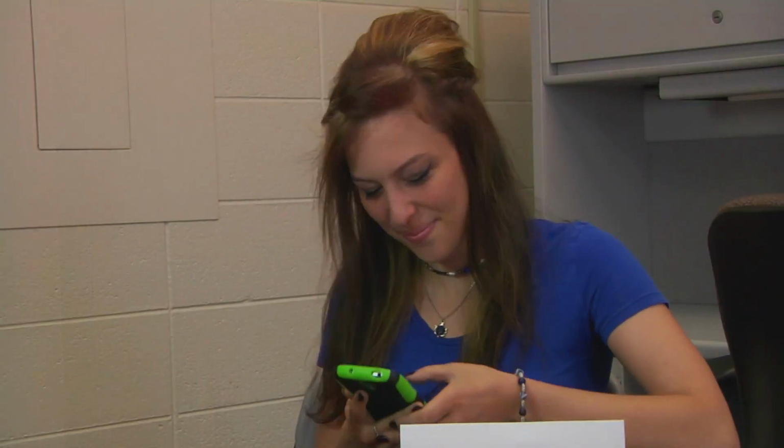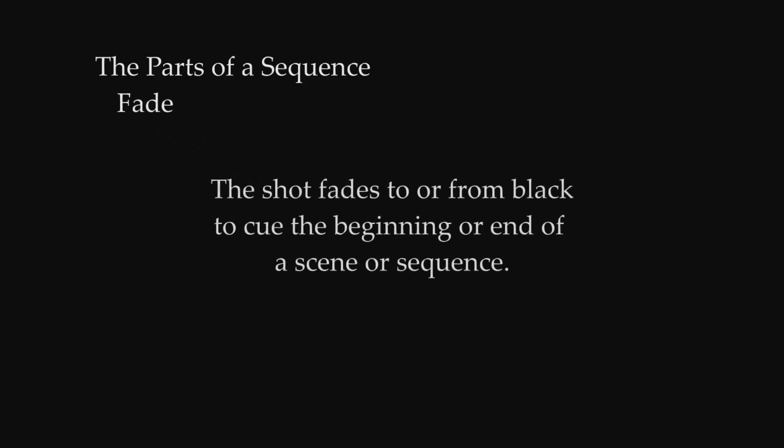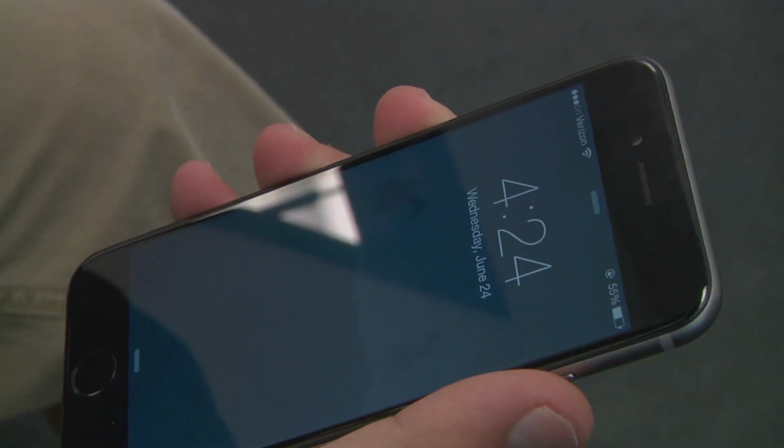The fade is a transition that evolved from the live theater tradition when the lights would fade up to begin a new scene and would fade out to indicate the end of a scene. The fade works in a similar fashion with film, often cueing the audience that a scene or a sequence is either ending or beginning.